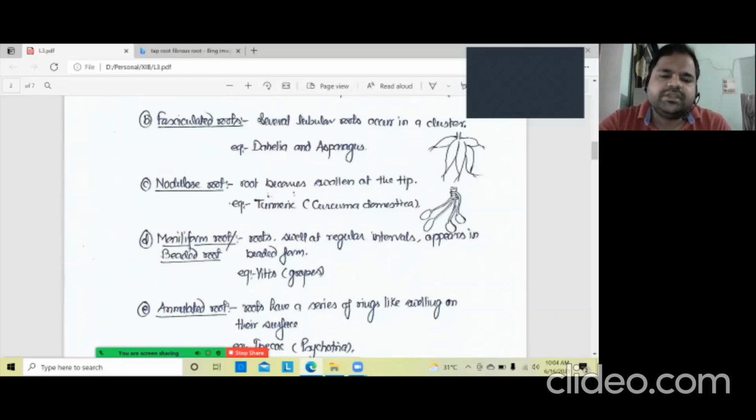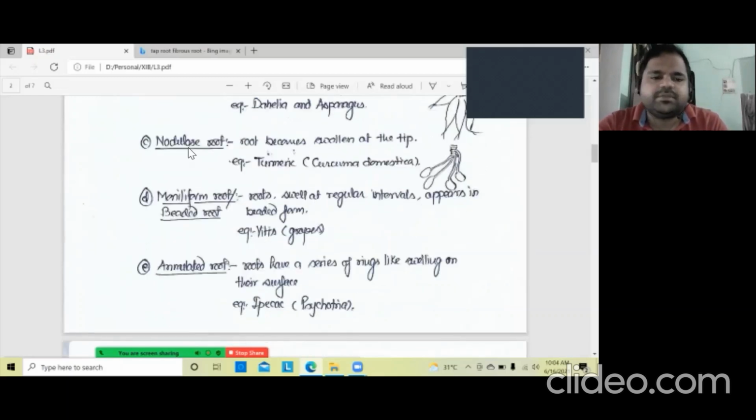And the example is grapes. Now, annulated root. In case of annulated root, roots have a series of ring-like swellings on their surface. So there will be the root and there will be a ring-like structure at regular intervals. In case of moniliform root, there will be a beaded structure. In case of annulated root, there will be a ring-like structure.